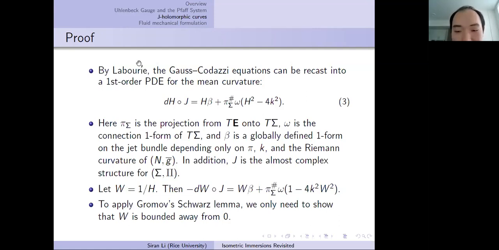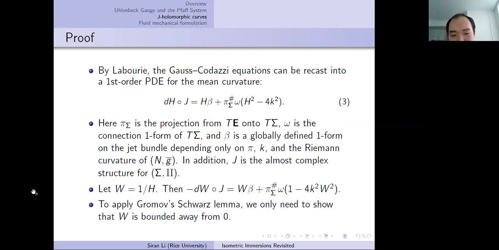So if J is the corresponding almost complex structure, then dH composed with J equals H times beta. Beta is a one form which is globally defined on this big bundle E, so you can treat it as universal. That plus the pullback of the connection one form times the square root of H squared minus 4K.